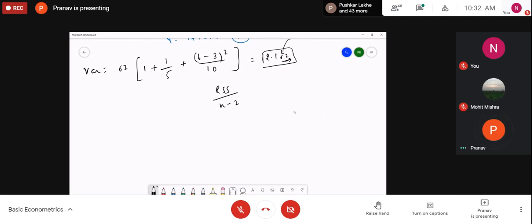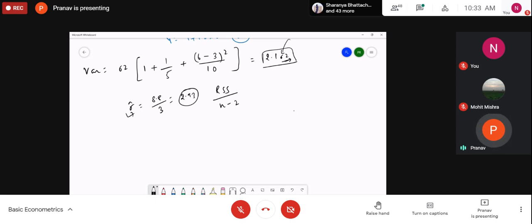So 8.8 upon 5 minus 2, 3. It comes roughly around as 2.93. So now I have this sigma hat squared, that is the unbiased estimator of the unknown error variance.